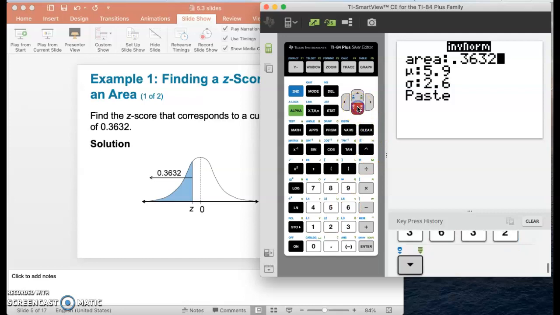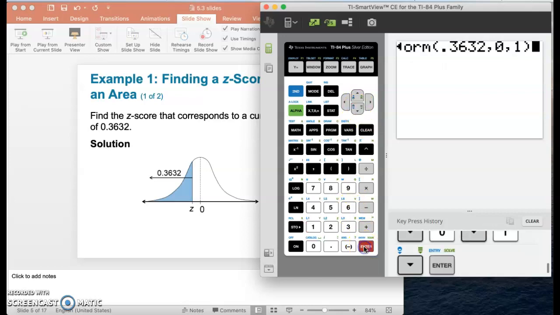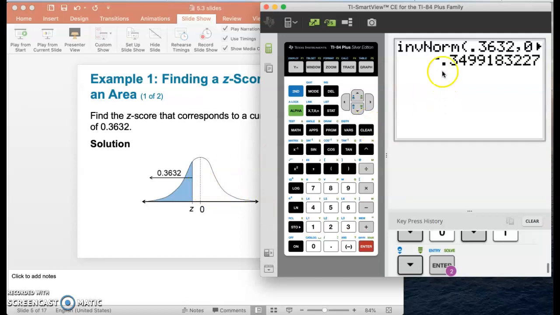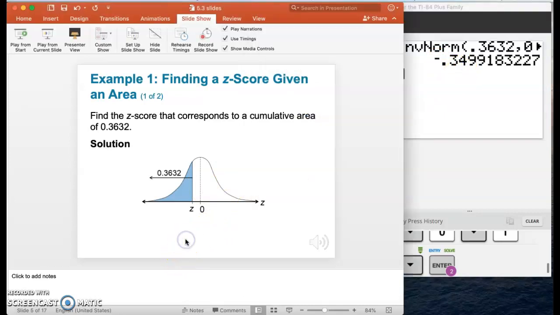The mean is 0 because we're in the standard normal, and the standard deviation in the standard normal is 1. So I'm going to type in 1, arrow down to paste, and select enter. And then I'm going to select enter again. So the z-score that corresponds to a cumulative area of 0.3632 is approximately negative 0.35, rounding to 2 decimal places.